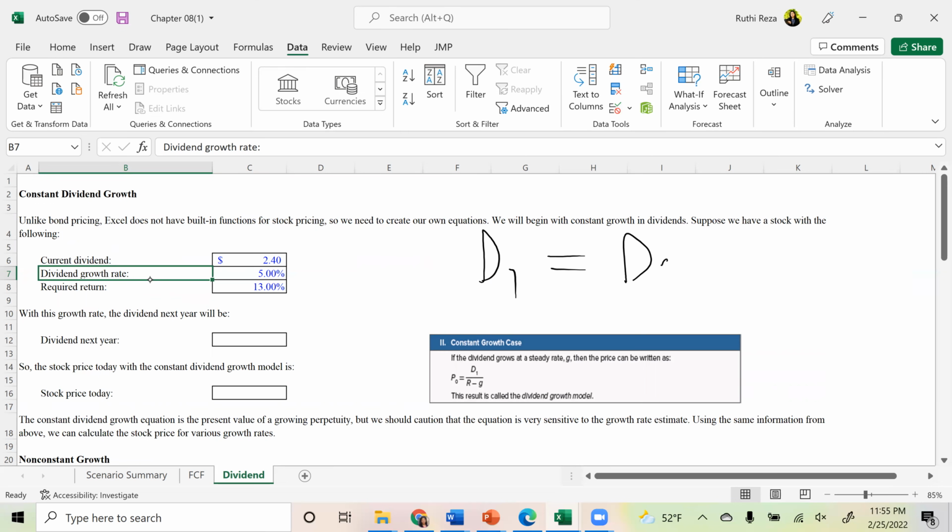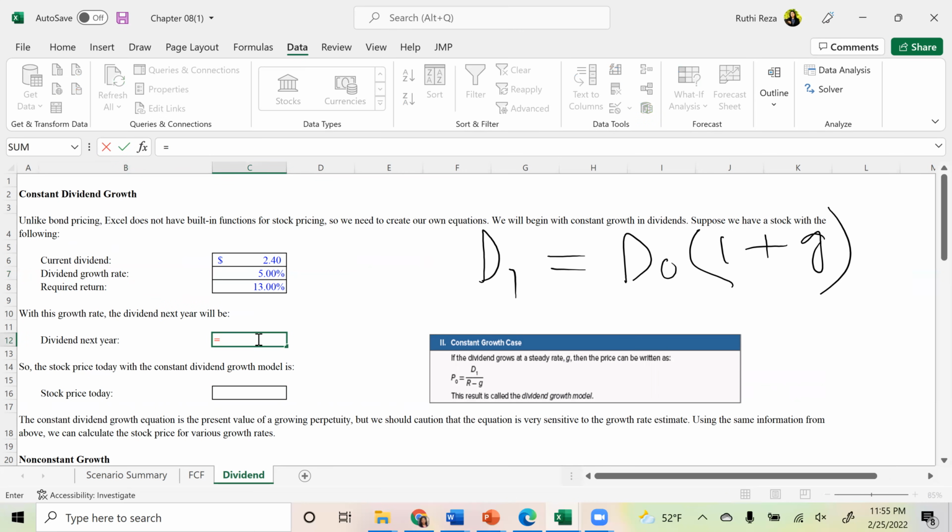And then to get D1, you need to grow the current dividend by the dividend growth rate. So here, our current dividend is $2.40. And then our dividend growth rate is 5%. So this is how we get our dividend 1 year from now. Next, our stock price today.